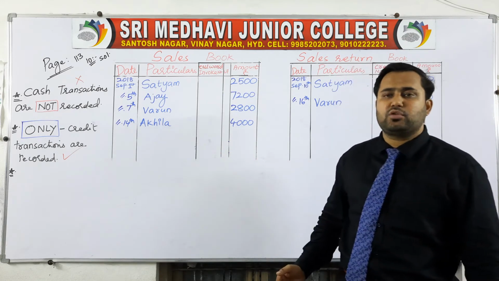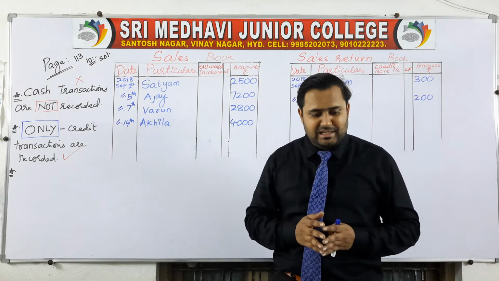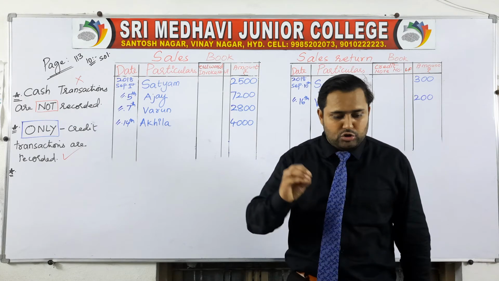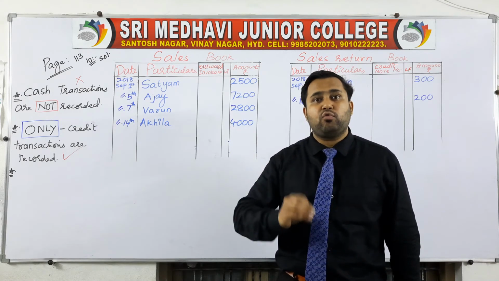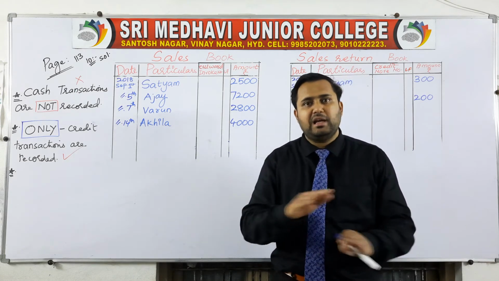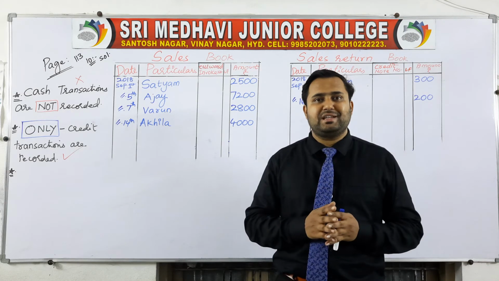Only credit transactions are going to be recorded. So this transaction on 25th, goods sold to Karthik for cash, rupees 3,000, is not going to be recorded. Eliminate it. Nothing more is there in the question and the question ends here.